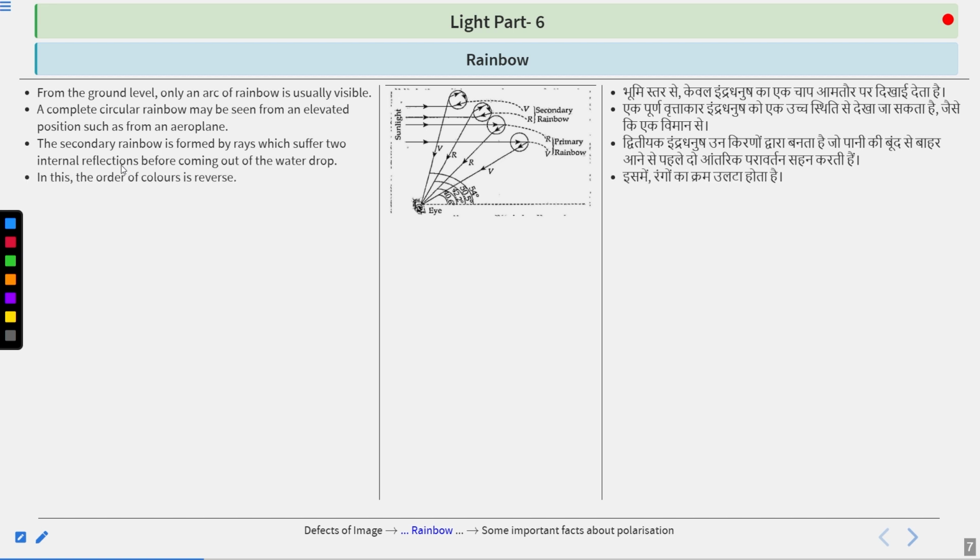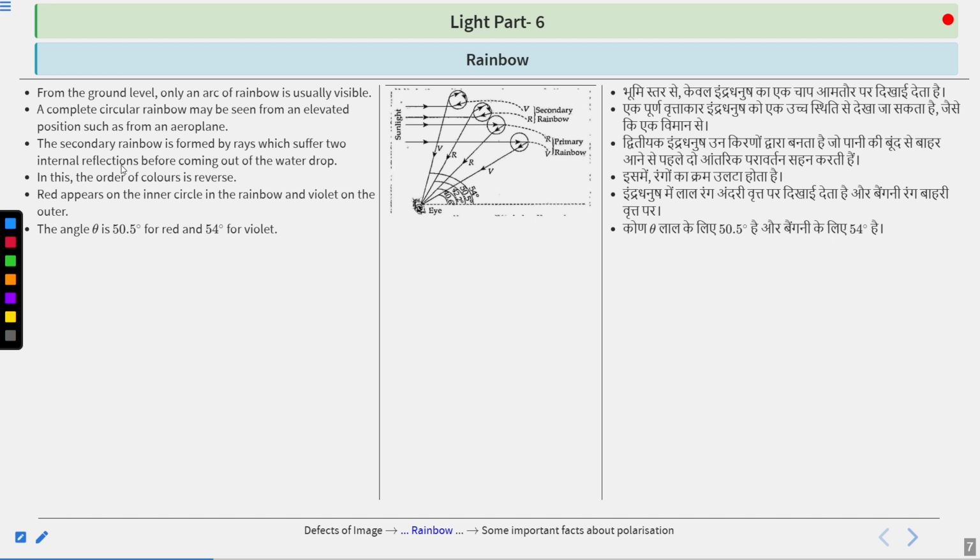In this, the order of colors gets reversed. Red appears on the inner circle in the rainbow and violet on the outer. The angle theta is 50.5 degree for red and 54 degree for violet. Note, the secondary rainbow is less intense than the primary rainbow.